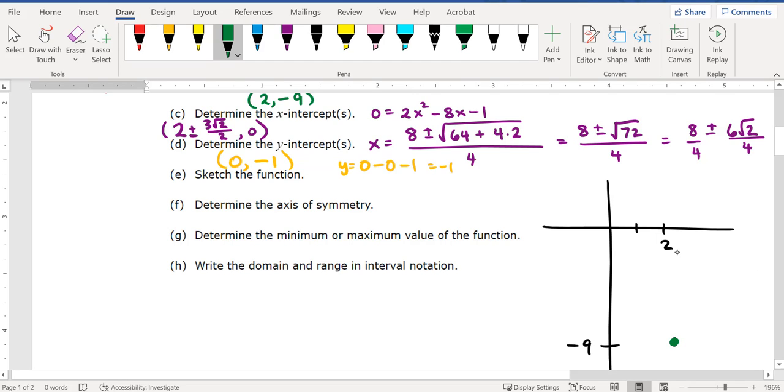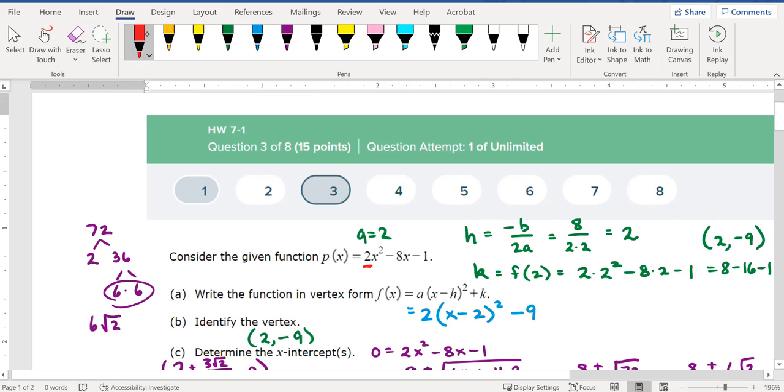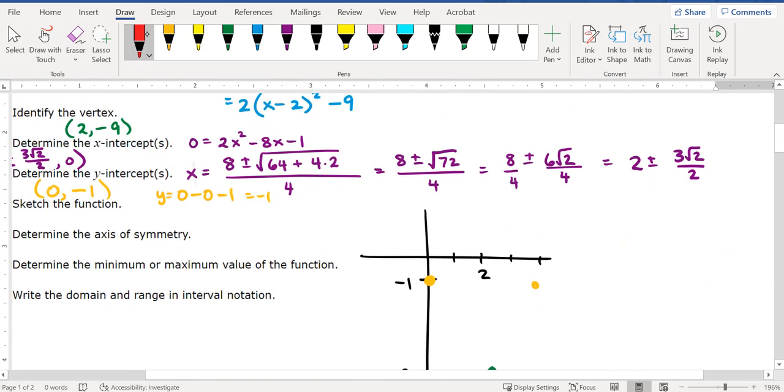We do have a y-intercept here at negative 1, so that point goes here. And because of symmetry, I know that I'm going to have the point (4, negative 1) as well. So that's all I need to graph, I think.